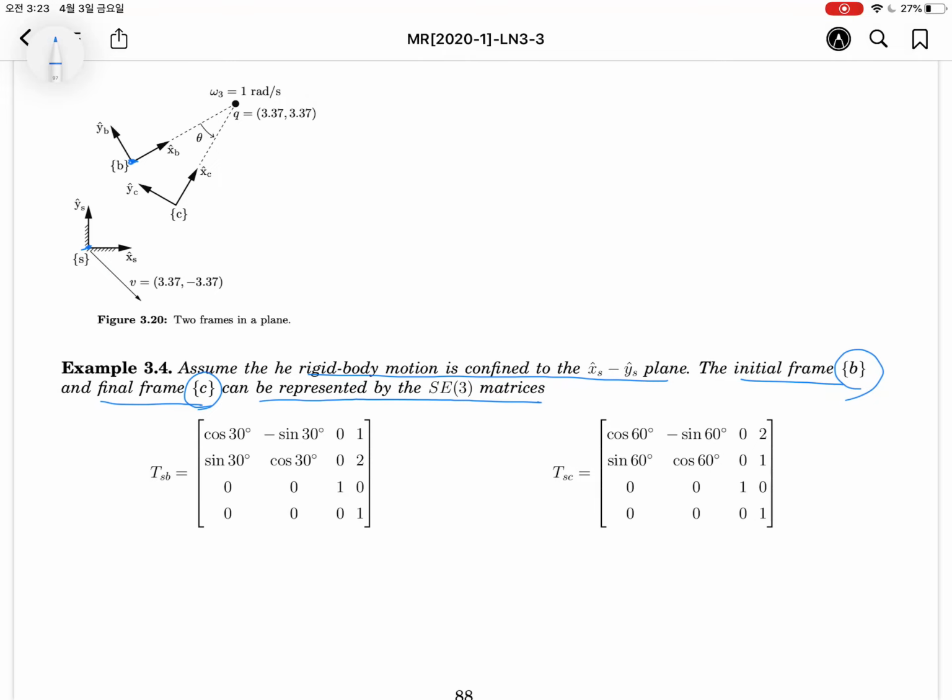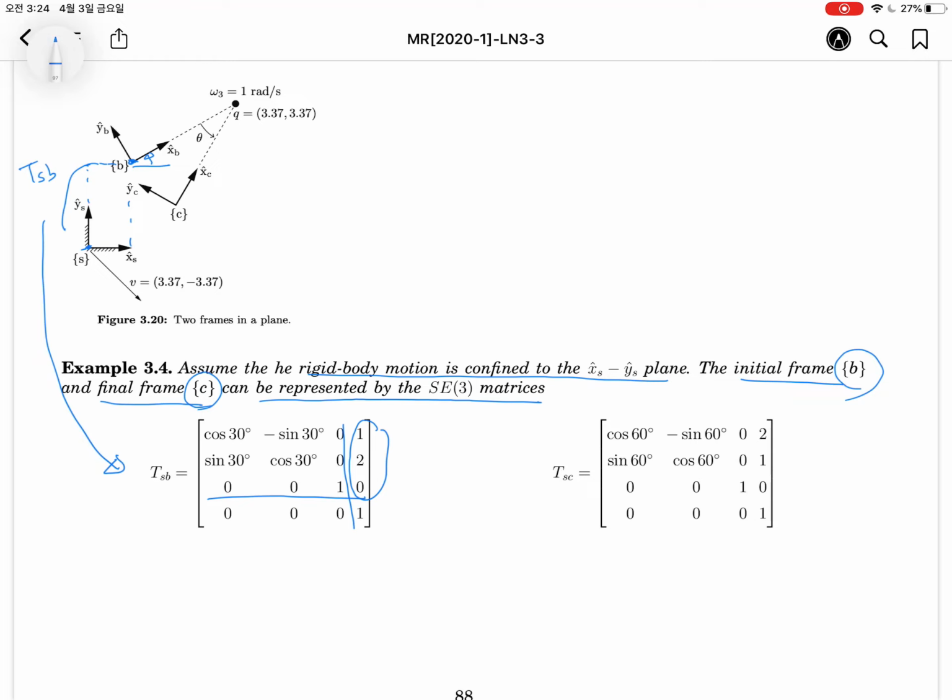So TSB is obtained: maybe the position will be 1, 2, 0, with 1 and 2 units, and then the rotational angle will be 30 degrees. So we have the rotation matrix.